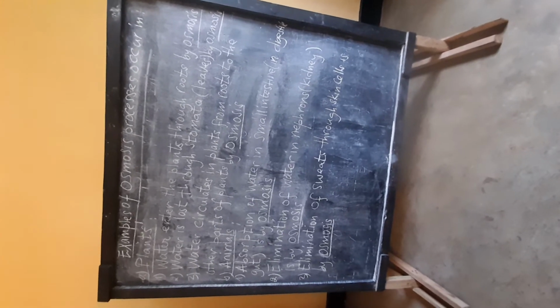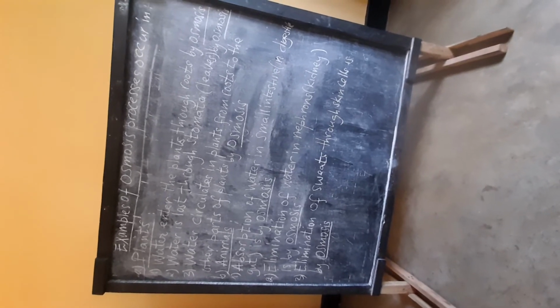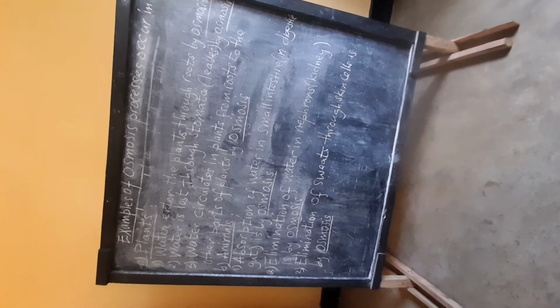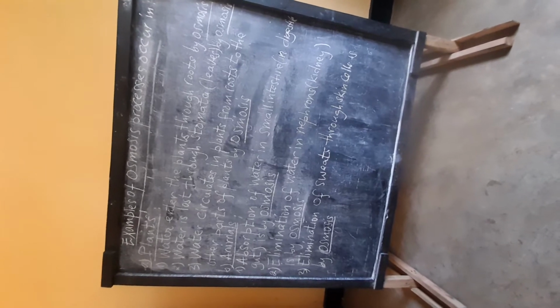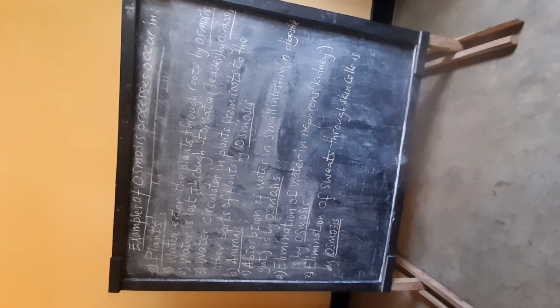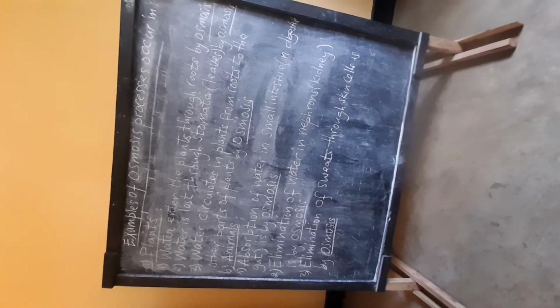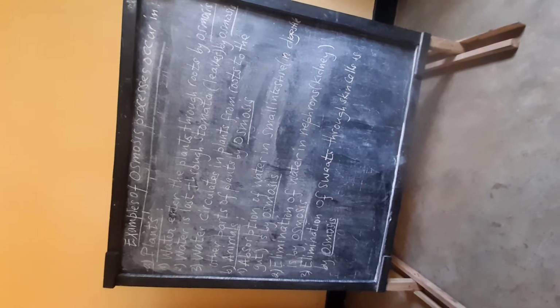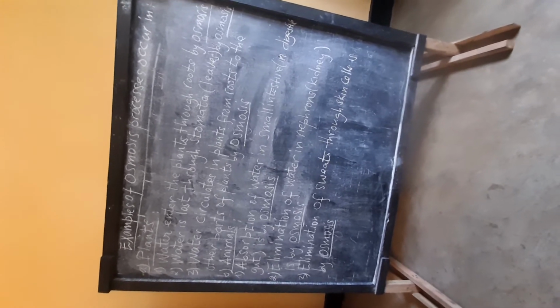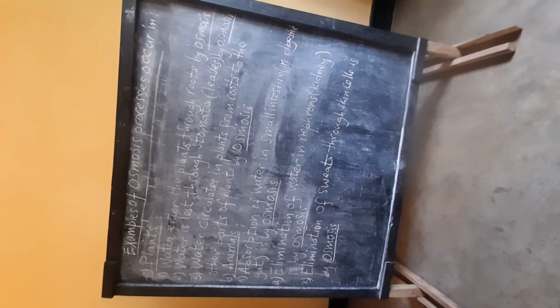For example, absorption of water in the small intestine. Not only in the small intestine, because water is a small particle, the whole gut is able to absorb it; the lining cells of the digestive gut are able to absorb water.